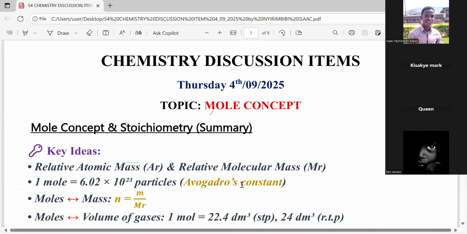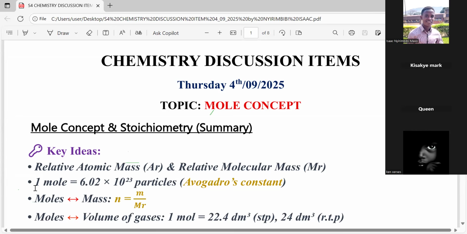For any learner, when we study this topic, mole concept, a learner is supposed to learn, and I believe we learned about relative atomic mass and also relative molecular mass. Of course, if something was not clear to any of these key ideas we're mentioning here, we shall be able to look at each one of them.